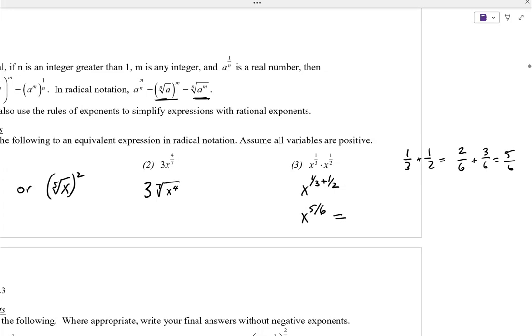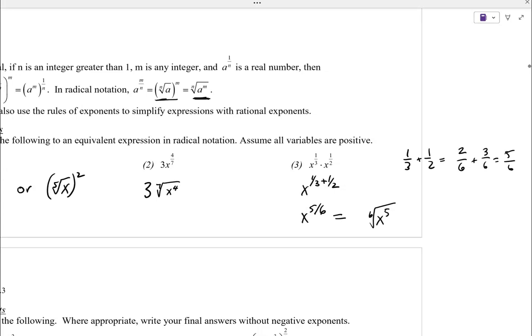Yep, power of 5. Good. Yep, 6, so the 6th root, exactly. So it's the 6th root of x to the 5th. So again, x to the 5th is just x to the 5th, right? That's the power. And then we have the 6th root is what that's telling us to do.